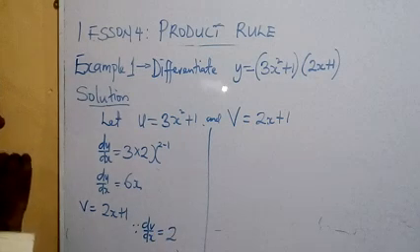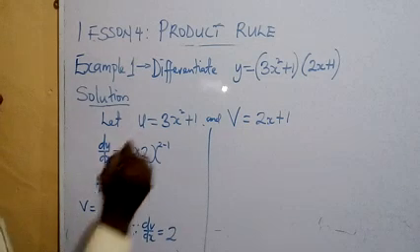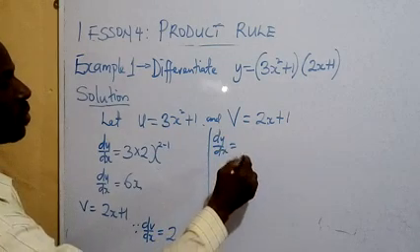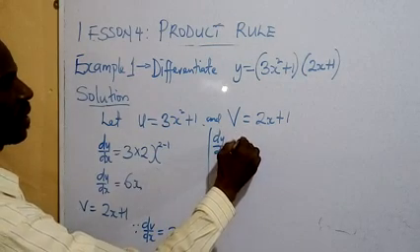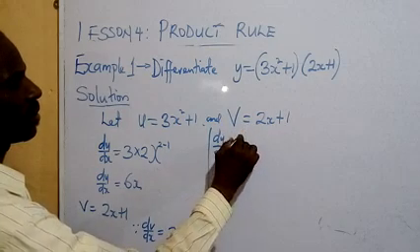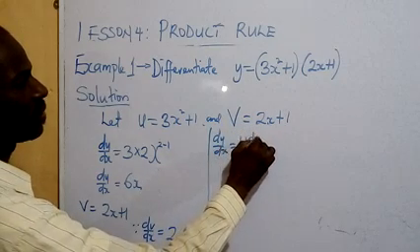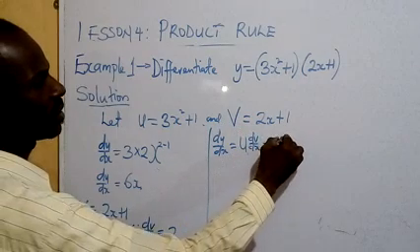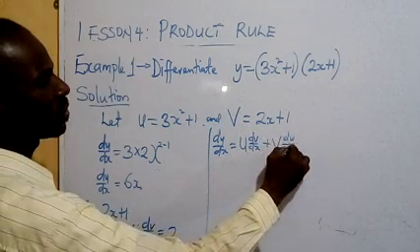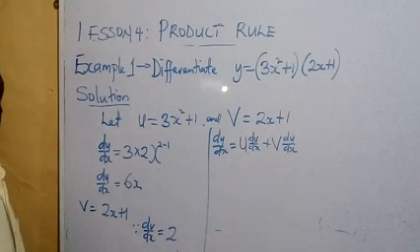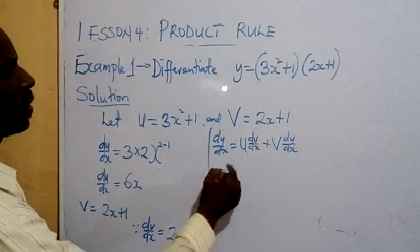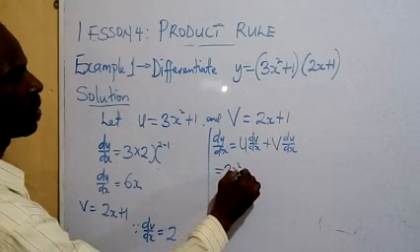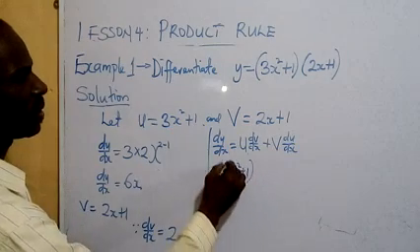The product rule states that dy/dx equals u dv/dx plus v du/dx. What is our u? The initial u, we have 3x squared plus 1, put it in bracket.